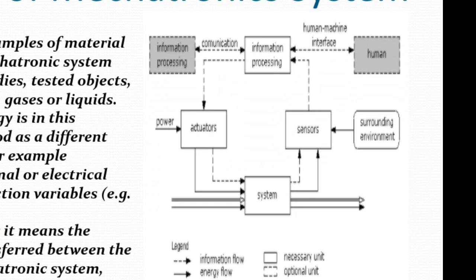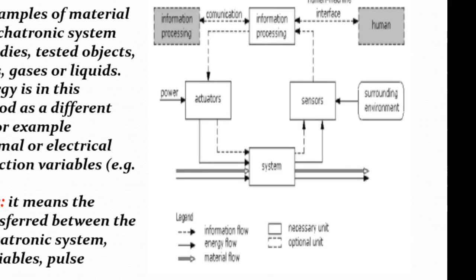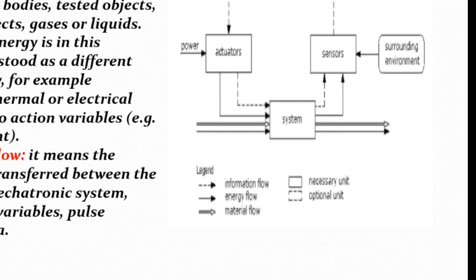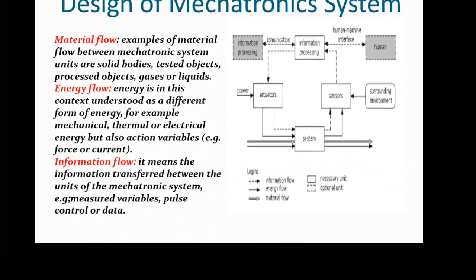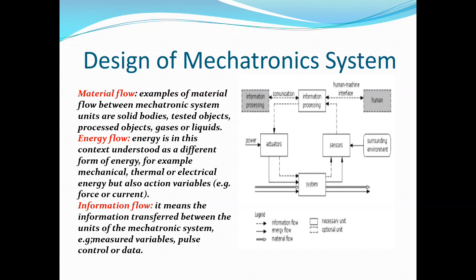Then sensors, which sense the external environment. Here you can see information flow, energy flow, and material flow in different arrow marks. So ultimately, the design of a mechatronic system is again a system with input and output. The processing may be material flow or energy or information.